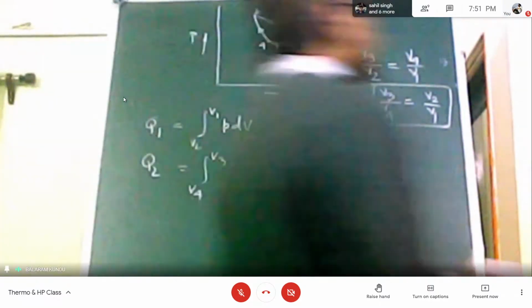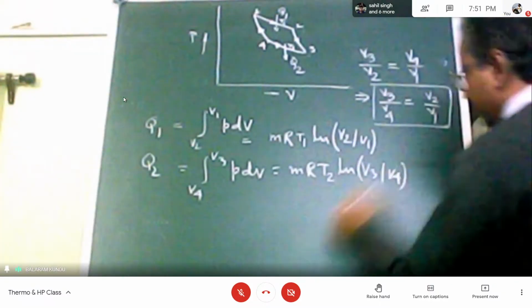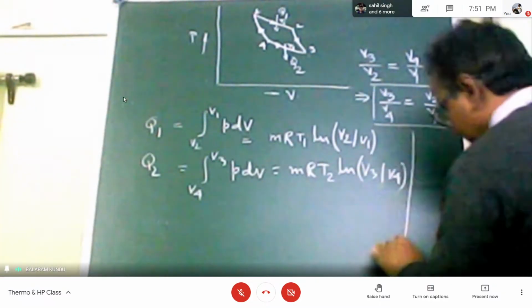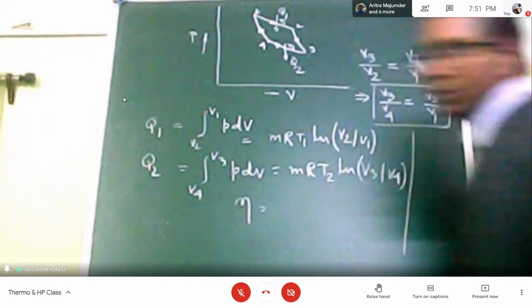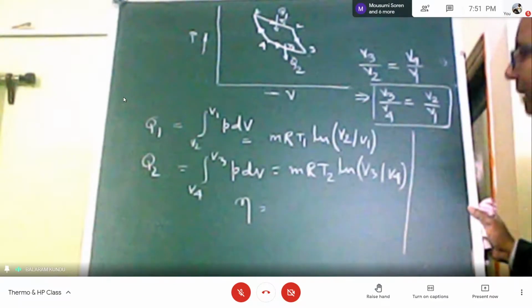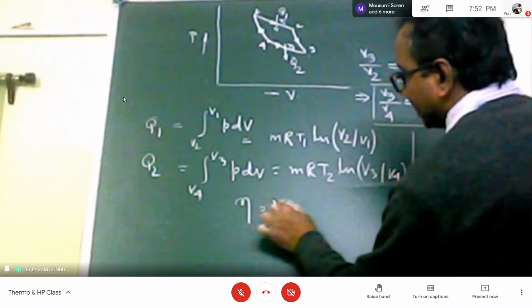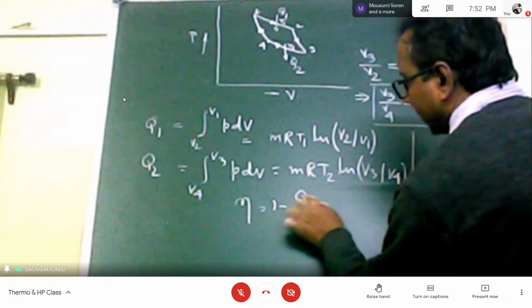Therefore, using this Q1 and Q2, it is possible to express the efficiency of the Carnot engine, and that should be equal to 1 minus Q2 by Q1.